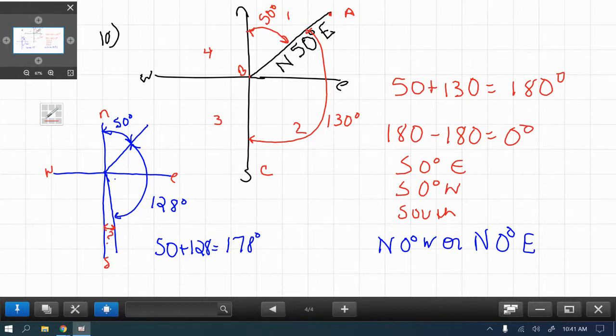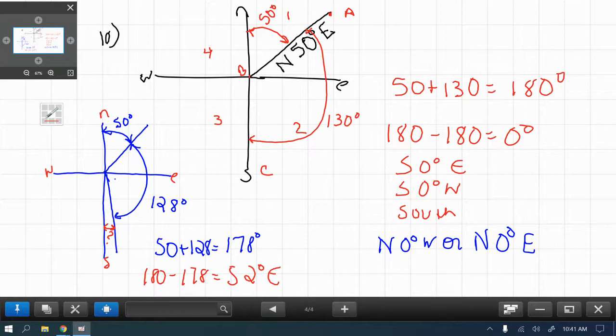So I'm looking for that little bit that's left over, which would be 180 minus 178, which would be south 2 degrees east. So I threw a second one in on you just to get more practice.